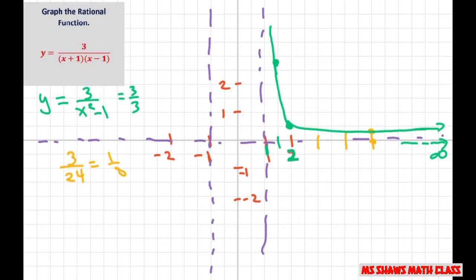Now, let's see what's going on between -1 and 1. There's your 0. Let's just plug in 0. If I plug in 0, I get -3, which is down here.